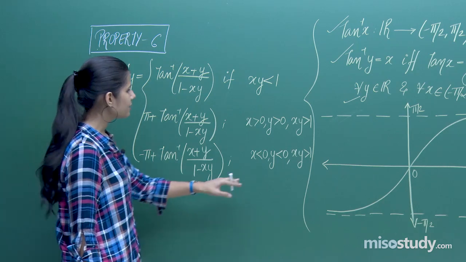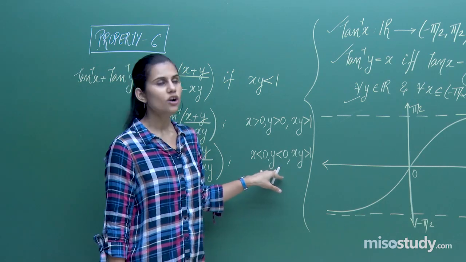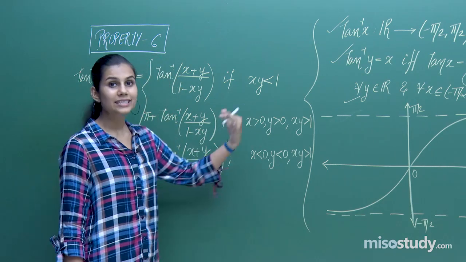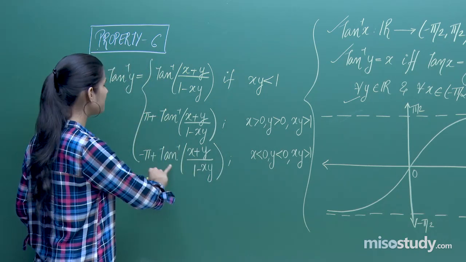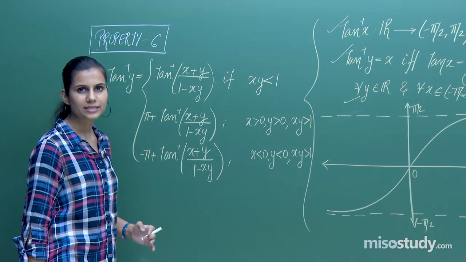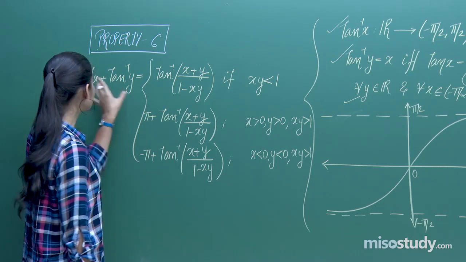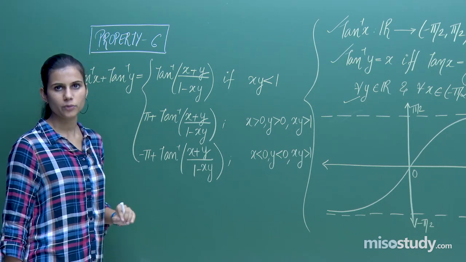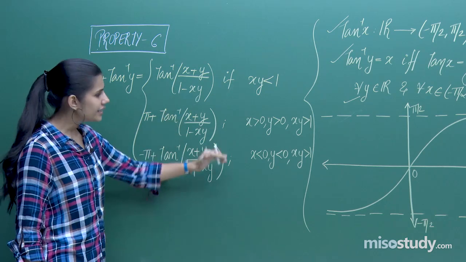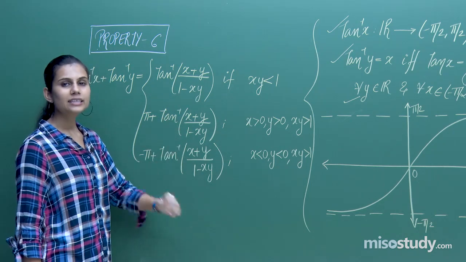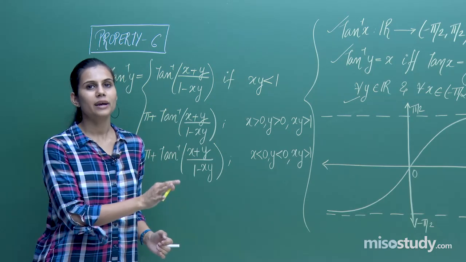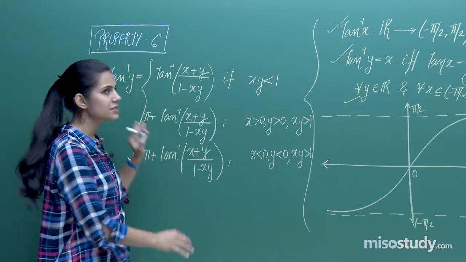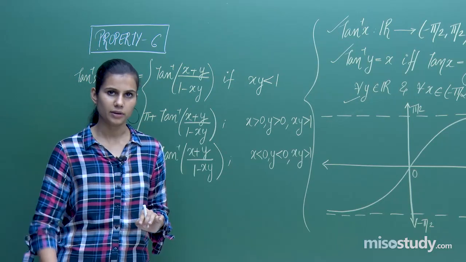So if x and y are coming from that section of the real line for which x into y is greater than 1 and both of them are negative, in that case minus pi plus tan inverse of (x plus y) upon (1 minus xy) is the value of tan inverse x plus tan inverse y for this x and this y. These are the three cases which define the three sections of the real line from where, if our x and y come, we know the value of tan inverse x plus tan inverse y for that x and that y.